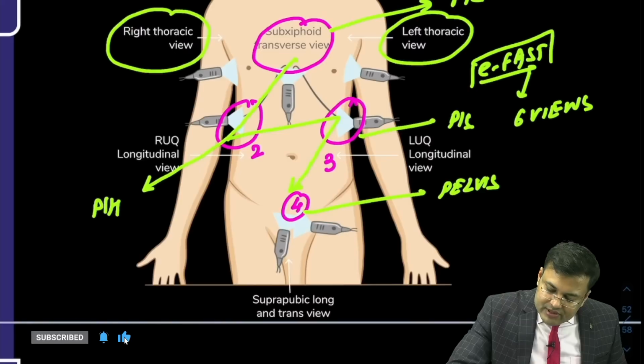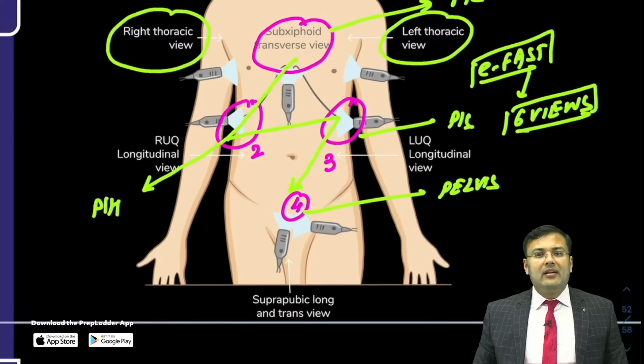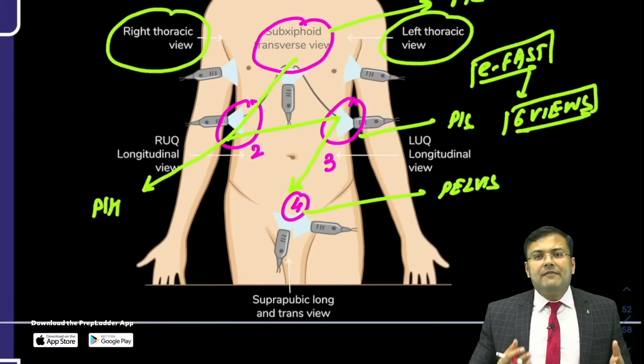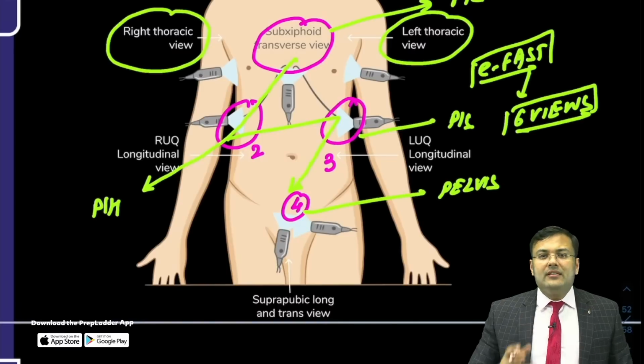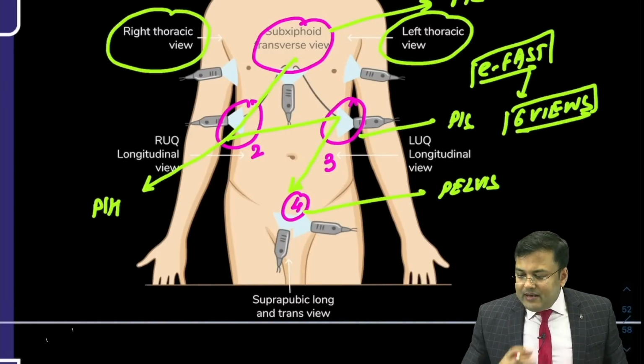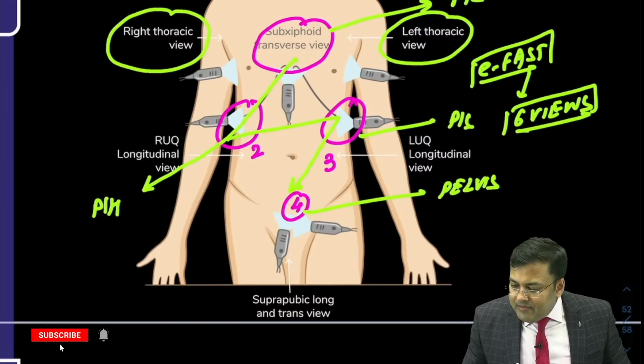Now, a repeat question I am asking. If a patient is having pneumothorax on E-FAST, what is the name of the sign? Tell me guys, what is the name of the sign? Correct. You are also correct.